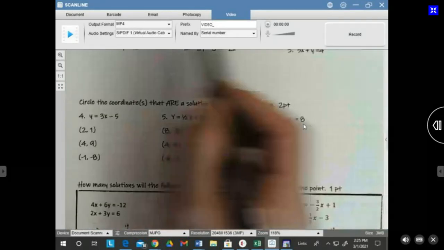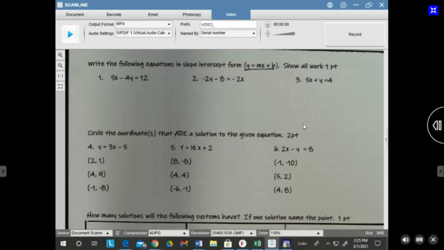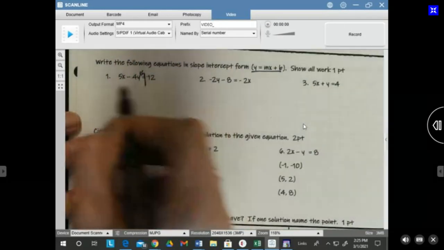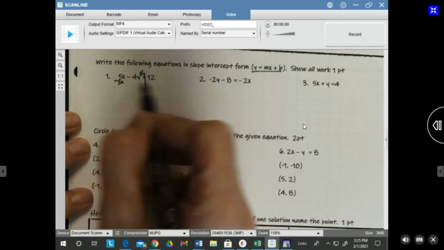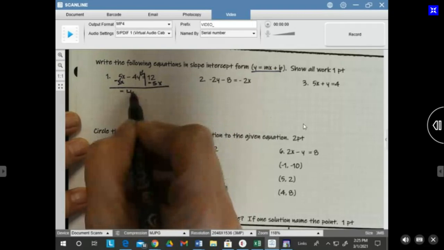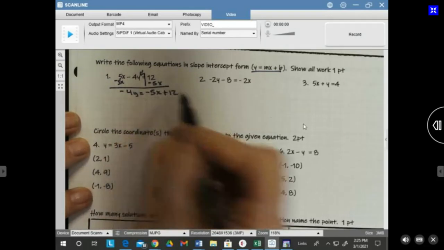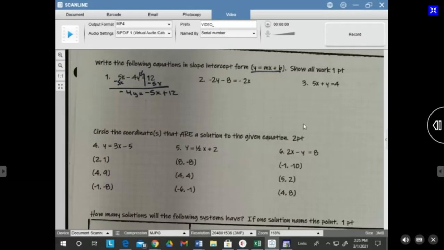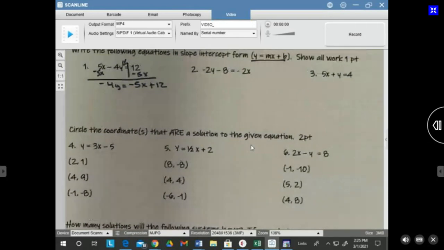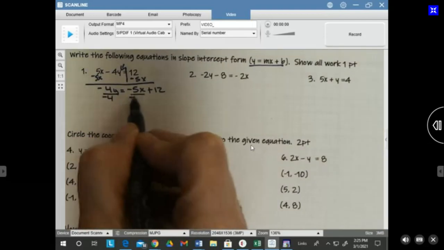So I need to write this in y equals mx plus b form. That means I need the y by itself. Minus 5x on both sides. Negative 4y equals negative 5x plus 12. Then divide all of them by negative 4.